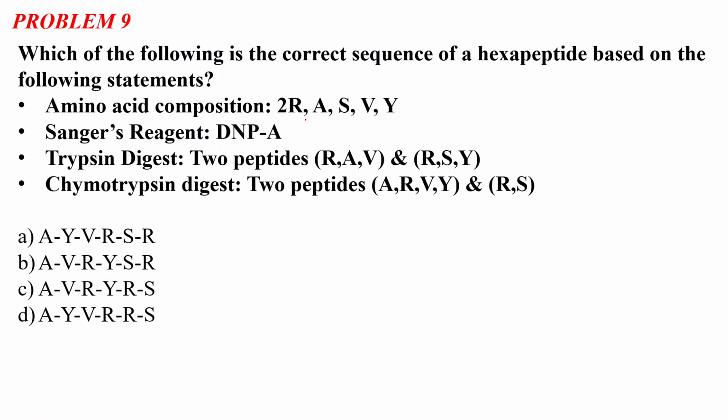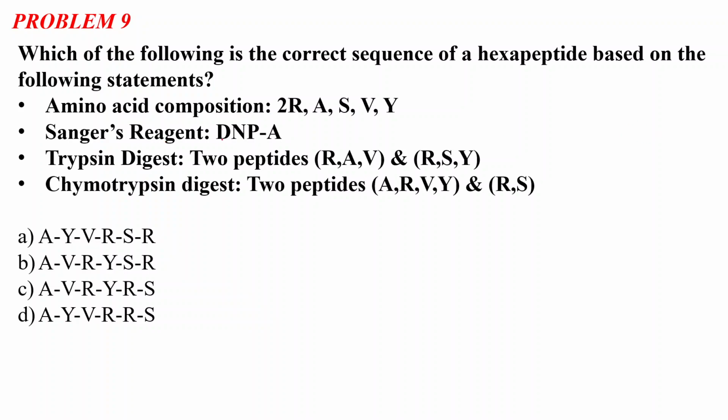R is arginine, a basic amino acid, and Y is tryptophan, an aromatic amino acid. So you just need to remember a few codes. I know this is a little tricky, but when doing these kinds of questions, you will remember it eventually by the end of this course.